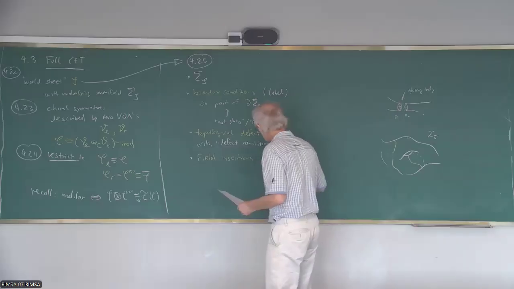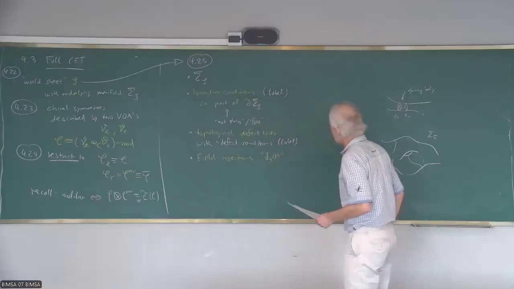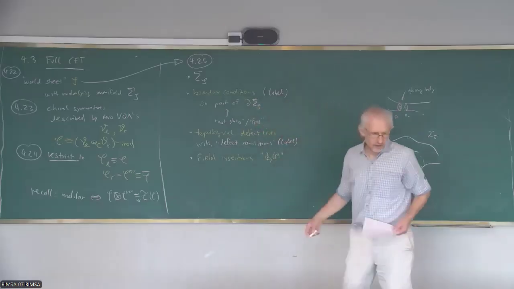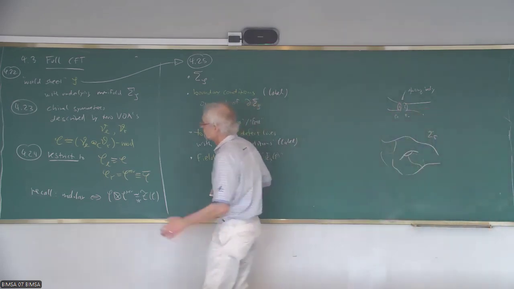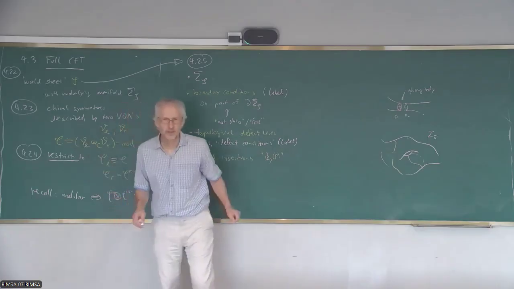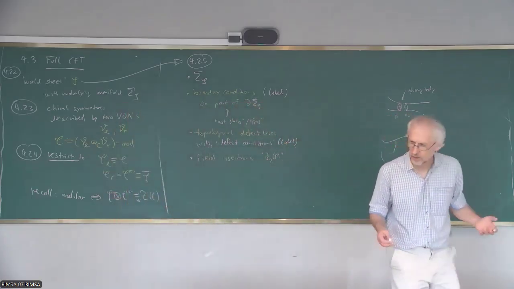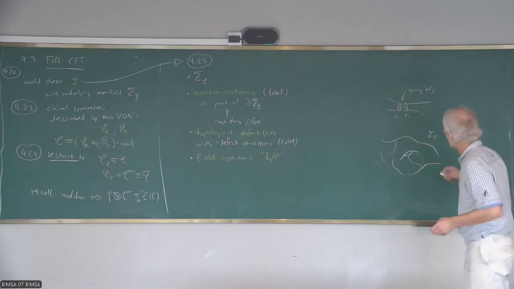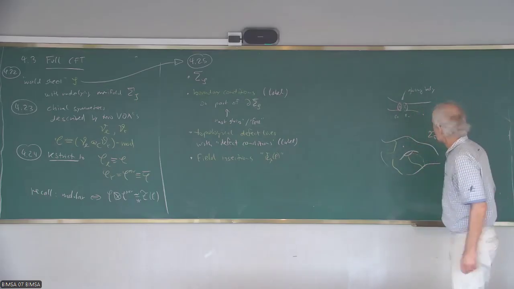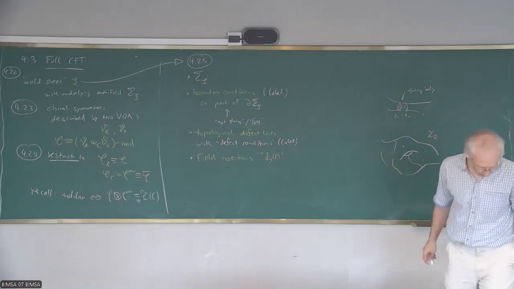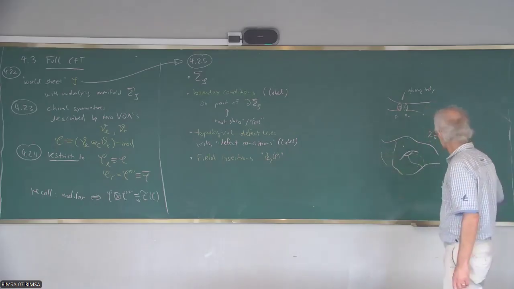And previously I had a complex curve, so this corresponds to the situation that I have one of these algebras. Now I have two, and two of them are relevant if I have an insertion somewhere in the interior here, and those I will denote by phi.